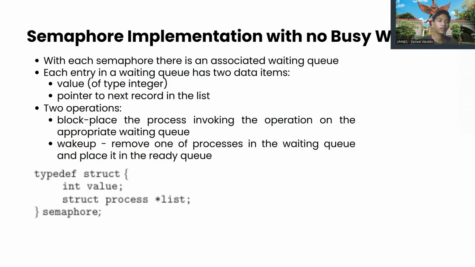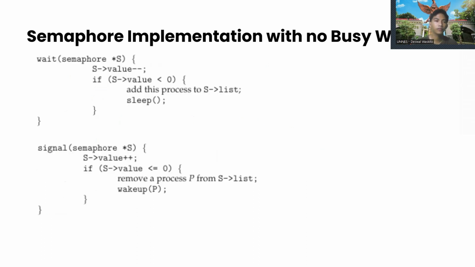Two operations: block, place the process invoking the operation on the appropriate waiting queue; wakeup, remove one of the processes in the waiting queue and place it in the ready queue. So this is the algorithm of wait and signal.